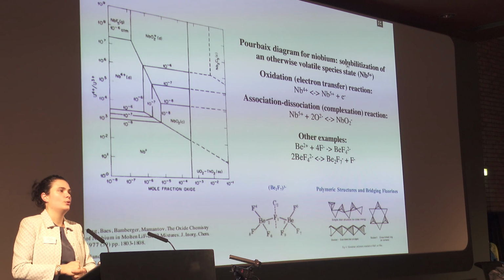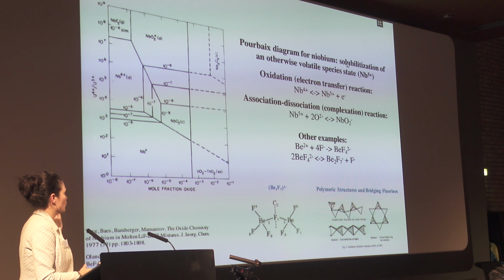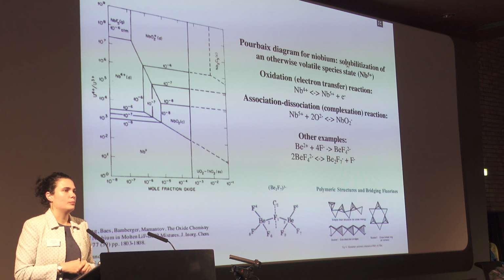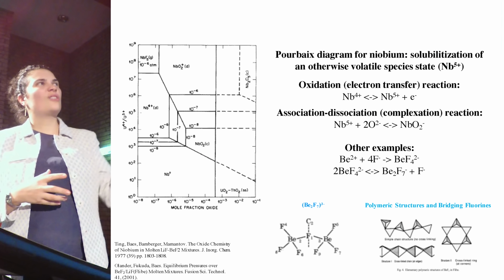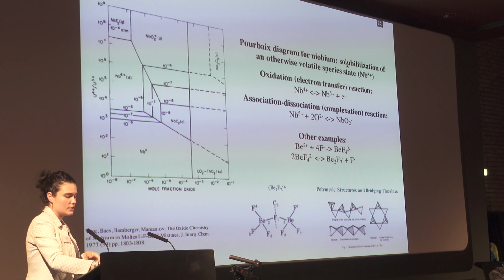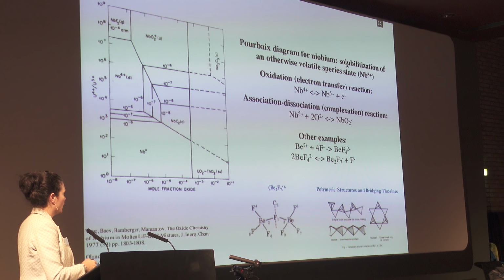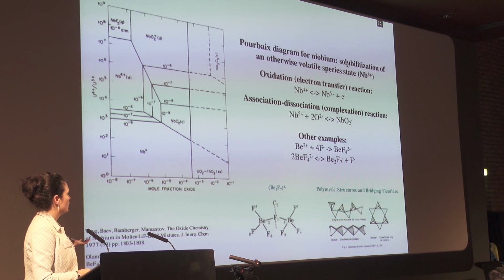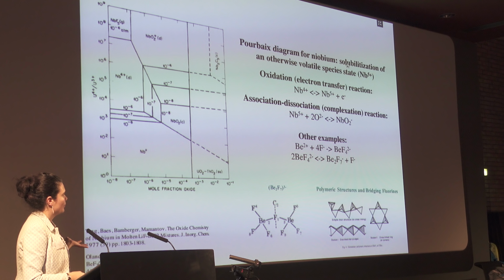So we call it a pseudo-Pourbaix diagram that begins to show the importance of acidity, but doesn't quite yet get at a generalizable Pourbaix diagram. And so I bring out this example to highlight the importance of acidity in the behavior of melts.